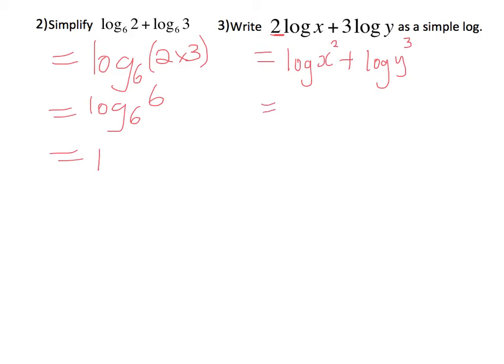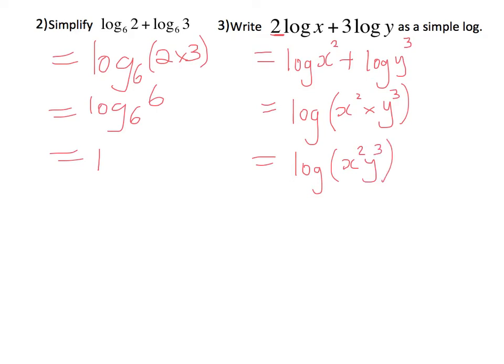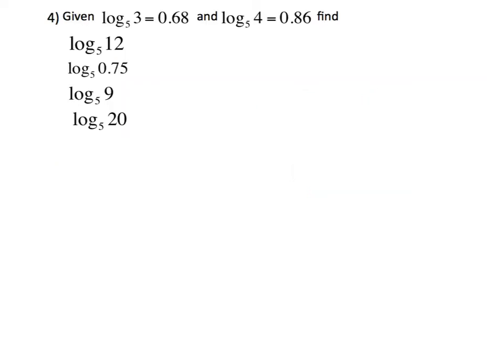And it doesn't say what the base is, so that means it is base e. And they've both got the same base there, so that means we can multiply those logs together like that, and then it'd be nicer just to write it without the multiplication sign. So log of x squared y cubed is our simple log.